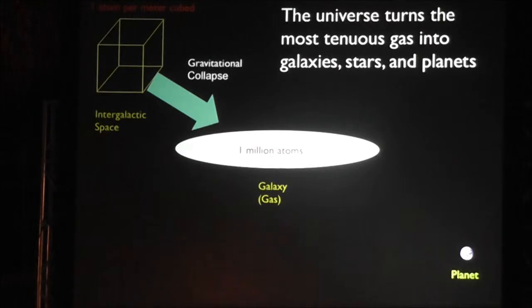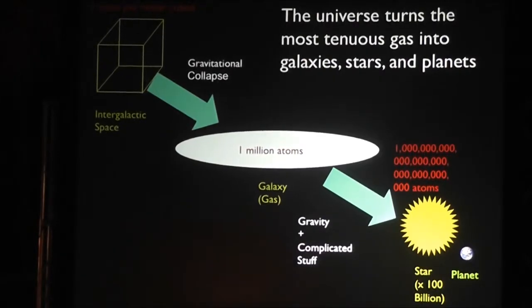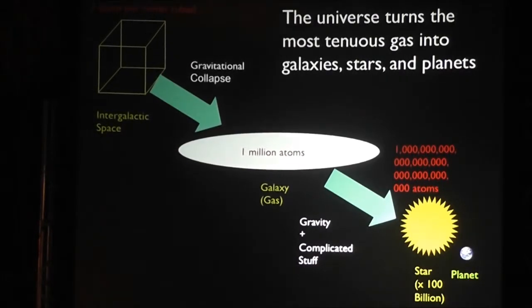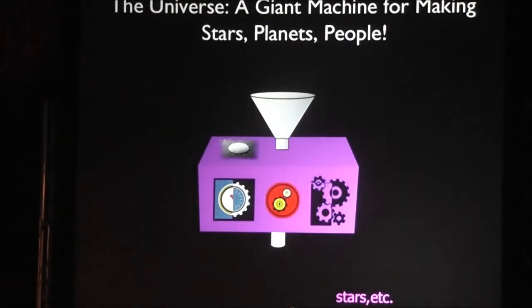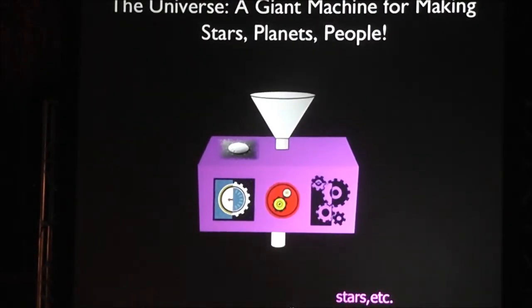But beyond that, star formation and planet formation has created even denser systems, the suns and planets that we know. And the total range of density is 30 orders of magnitude from the intergalactic medium to the sun and planets.